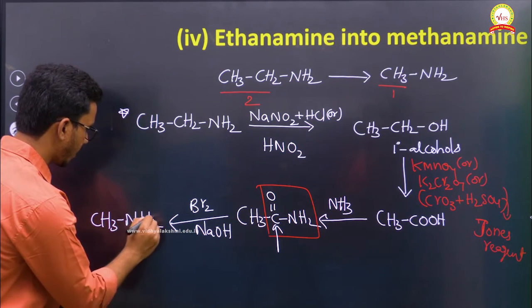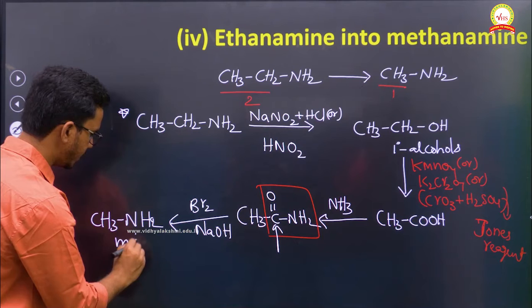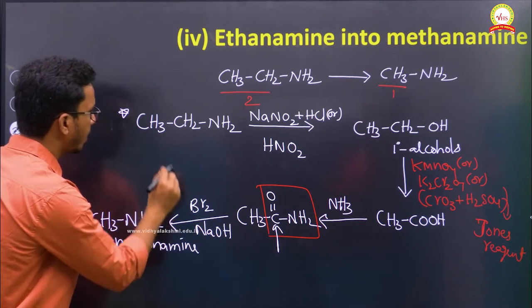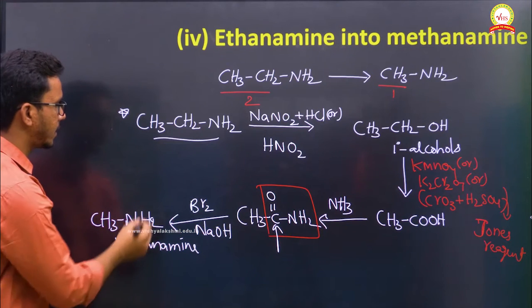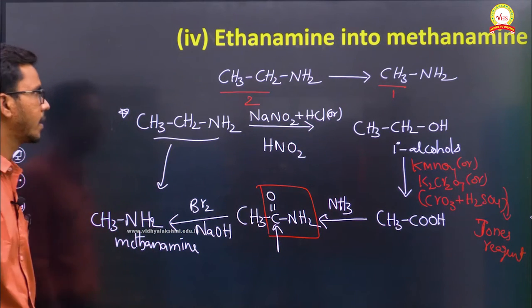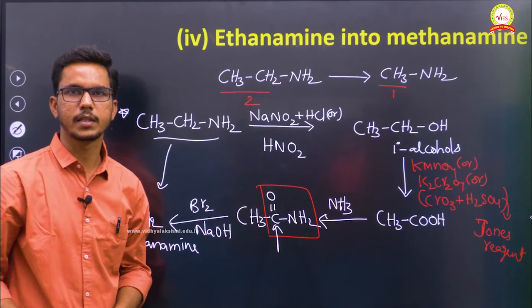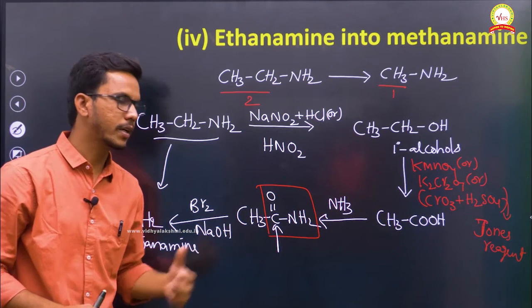What is this one? This is methanamine, the desired product. Initially we have taken ethanamine. This ethanamine has been turned into methanamine. That's the conversion, right? Ethanamine into methanamine. Just look at the conversion.